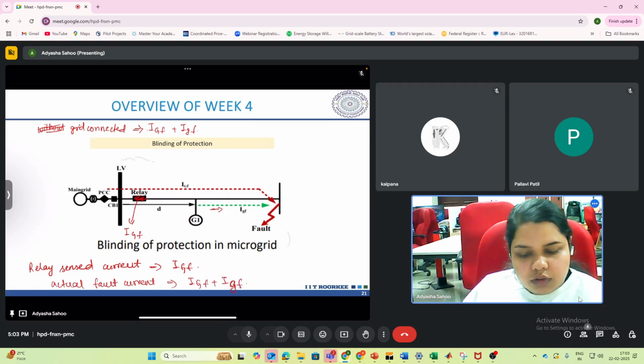So even if there is a fault, the relay will not operate, and hence we say the protection is being blinded because you have the G1 here ahead of this relay. That's why it is unable to see the additional fault current that is fed through this source G1.